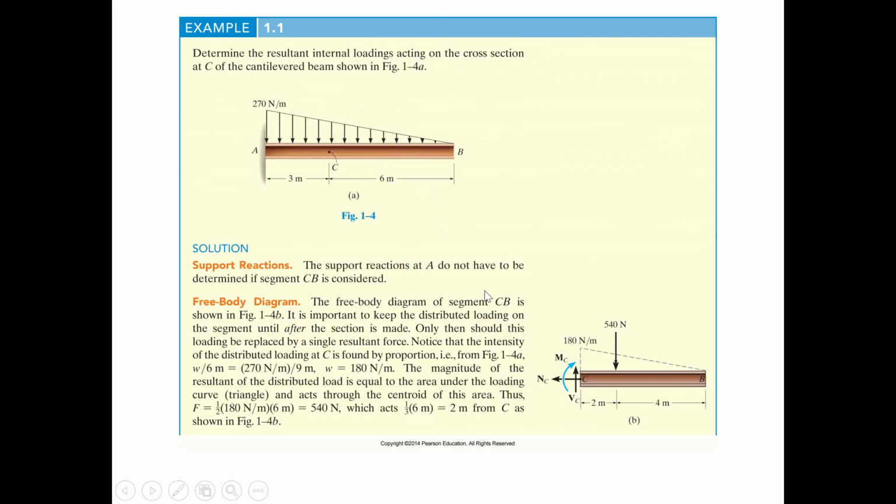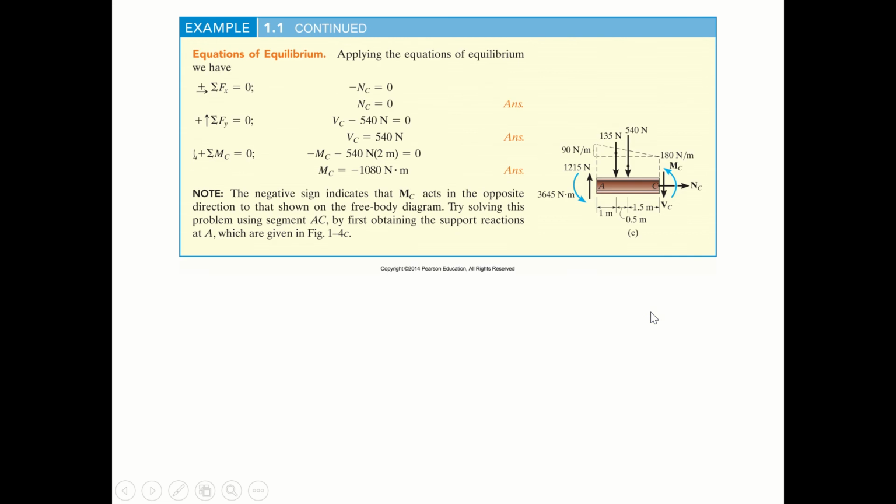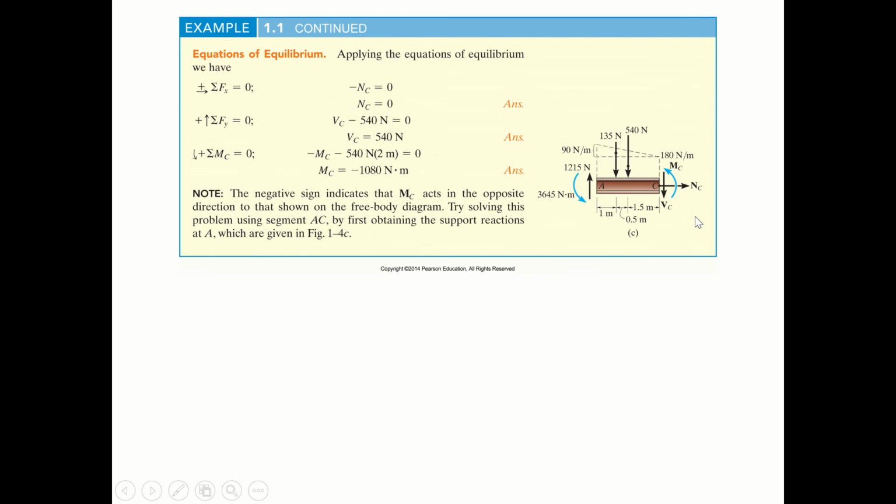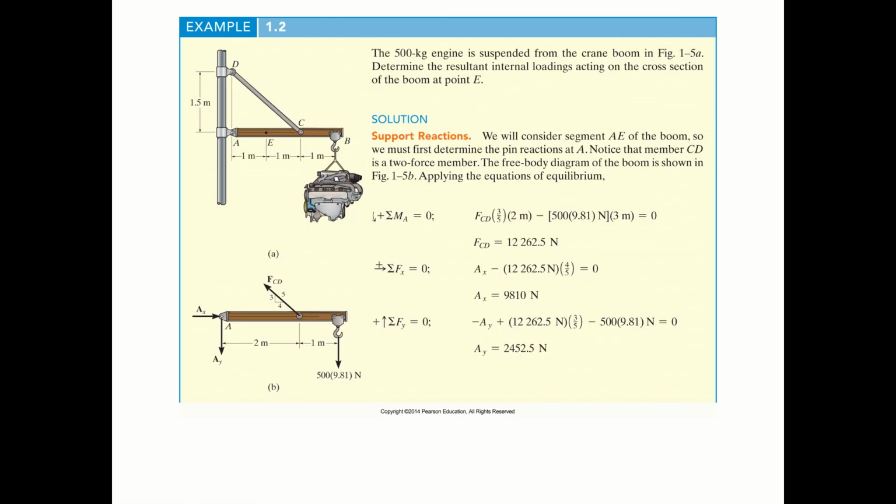And since we have the force balance, V is opposite to the resultant force, so VC equals 540. Okay, so VC equals 540. There is no force NC, right? So NC equals 0. It's very easy to calculate the result.